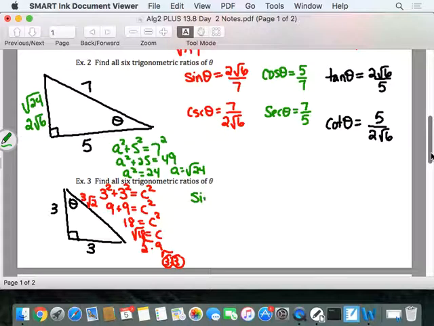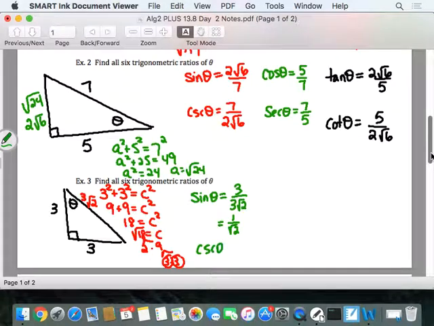So here we go. Sine theta. Now theta's up in the top corner, so my opposite is directly below that. So it's 3 over 3 radical 2. The 3's cancel, and I'm left with 1 over radical 2.